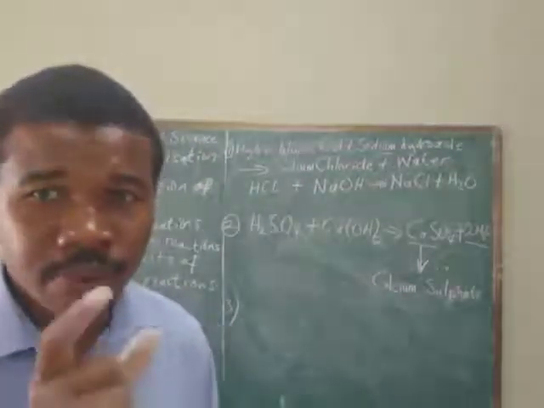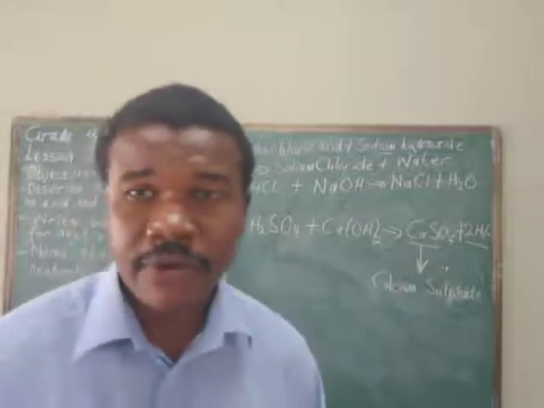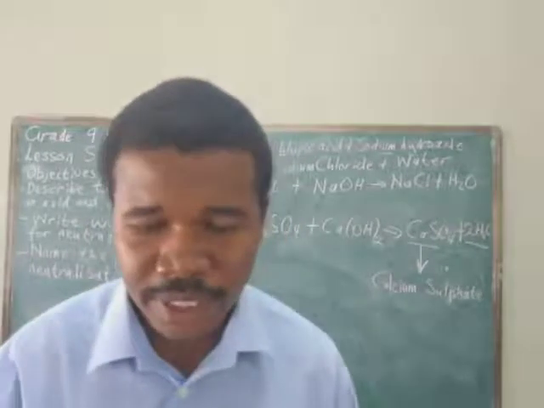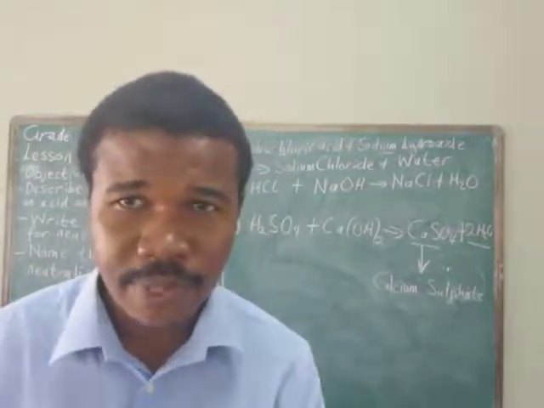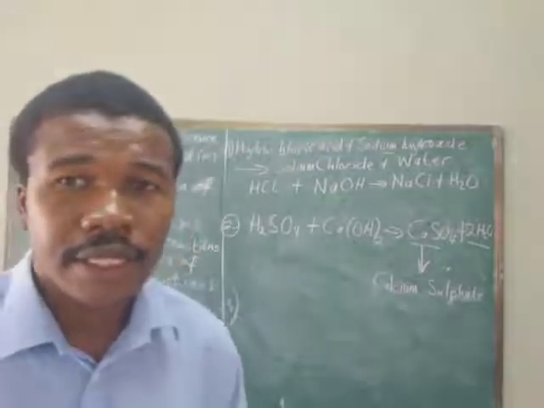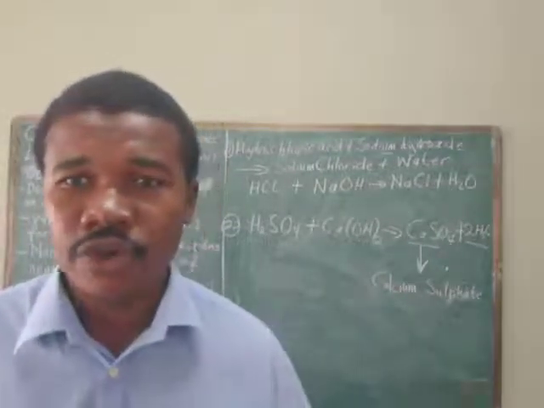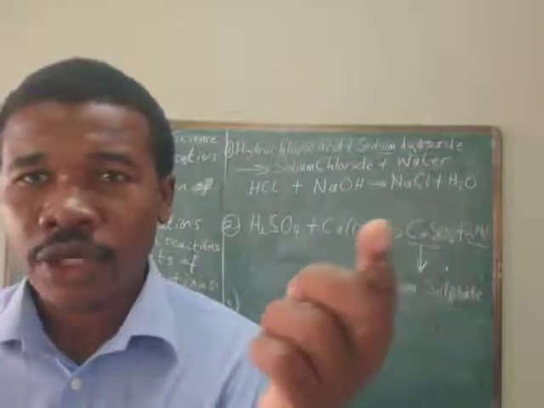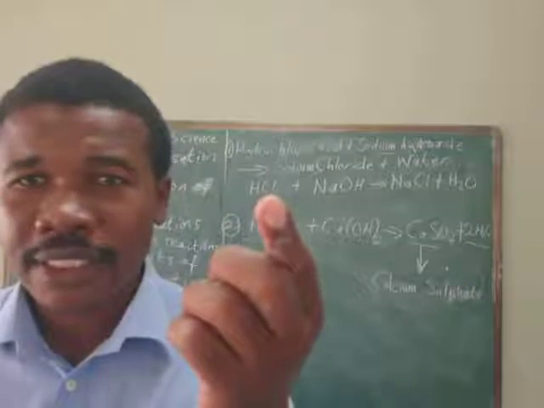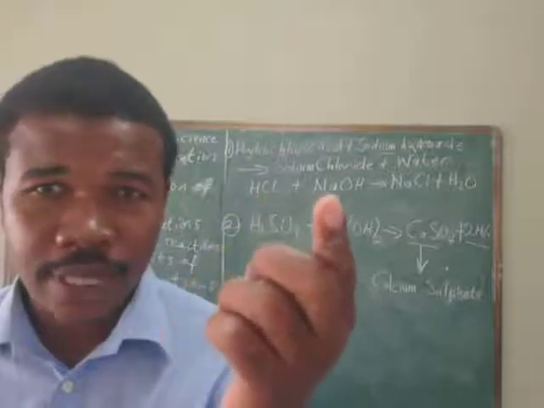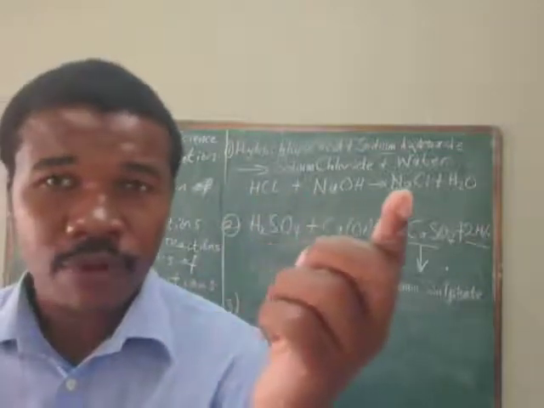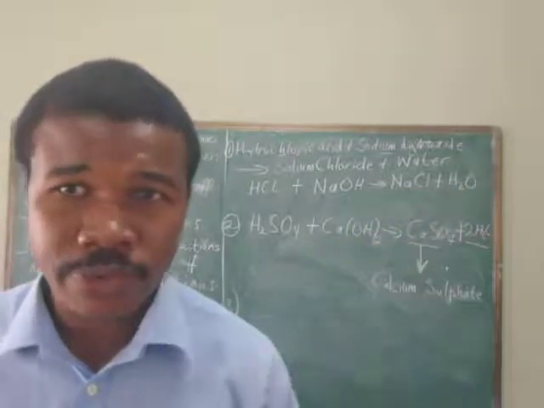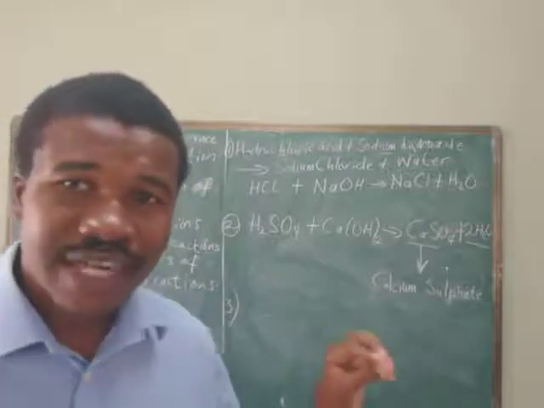That is why we had a general equation which says acid plus base produces salt plus water. So when you're given an acid and a base and they take part in a chemical reaction, you know that you must produce a salt and water. You will have your acid, HCl, then your base, sodium hydroxide, and they will produce the salt, sodium chloride, plus water. That is a neutralization reaction.